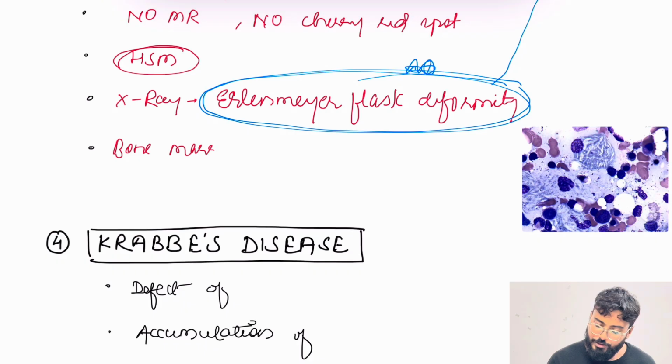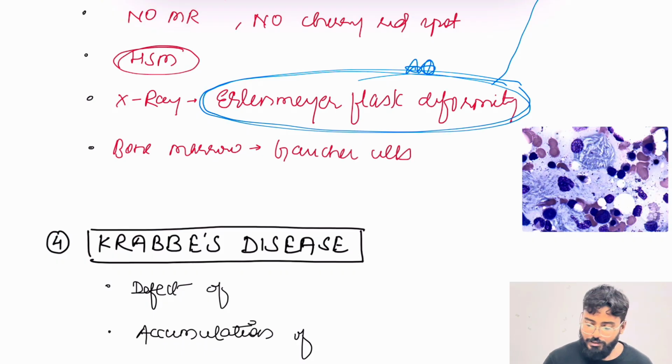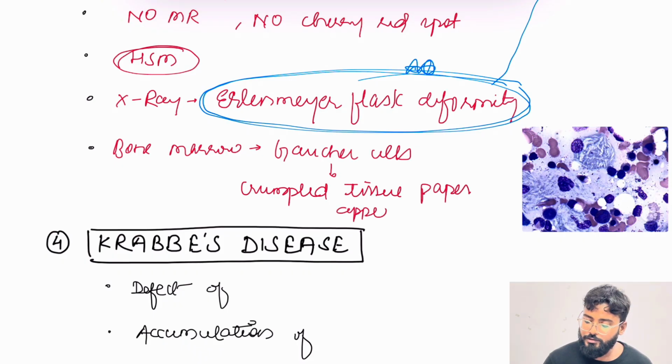The next clinical feature that you are going to see is in your bone marrow. During the histopathological examination, you are going to see Gaucher cells, where you are going to see a crumpled tissue paper appearance.